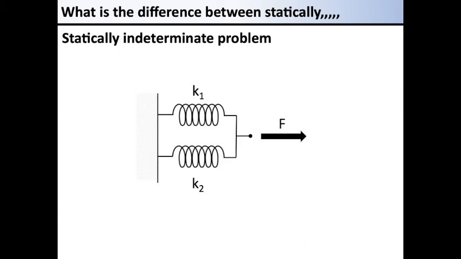In this case, springs are connected in parallel and external force F is acting on the springs. Here, you may notice that the loads applied to each of the upper and lower springs cannot be directly found as the case of statically determinate problem.